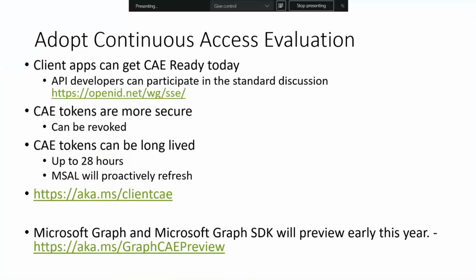So the client actually has to listen, because when it calls the API, the API may say, I'm no longer accepting that access token. The client will understand that it needs to go back and ask for another access token. So we need the clients to be updated, and we have some guidance on the second link you see here on the page, the aka.ms client CAE page, which will take you to how you could do that implementation.